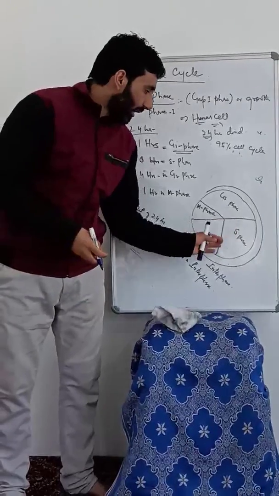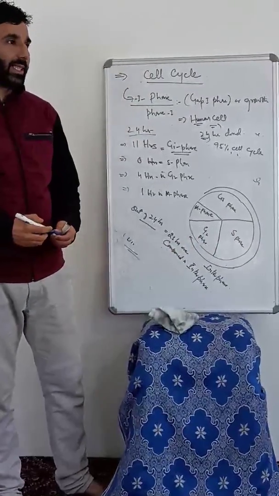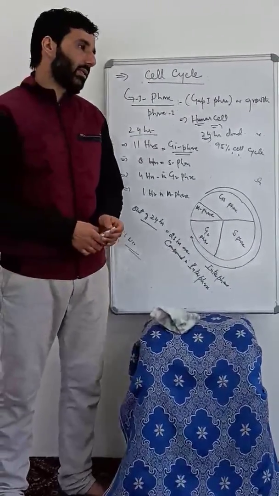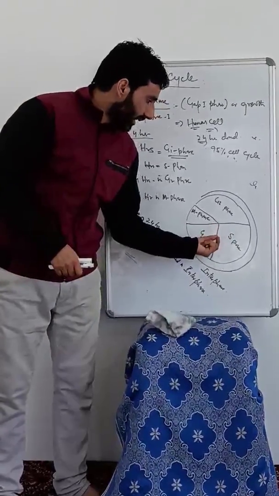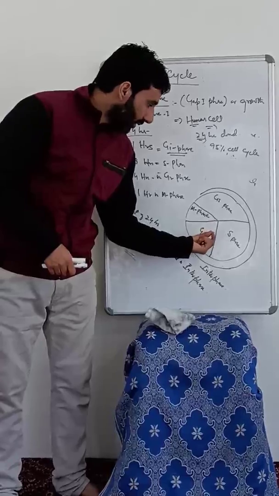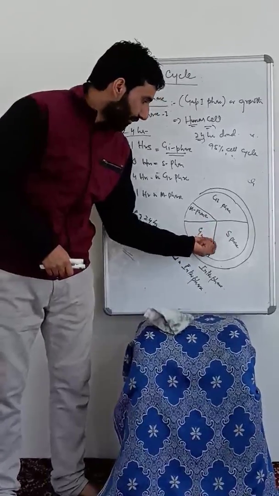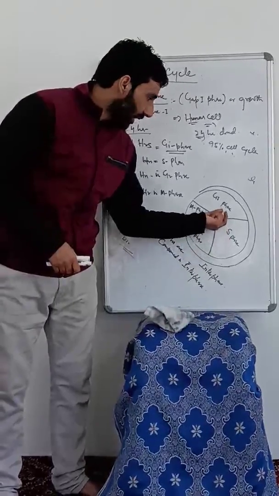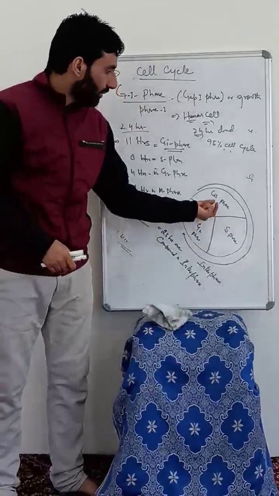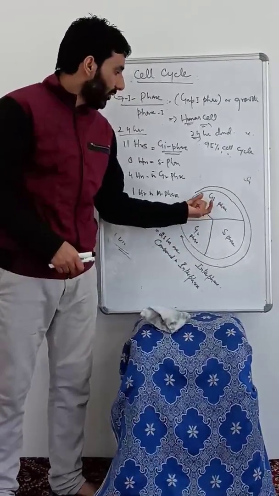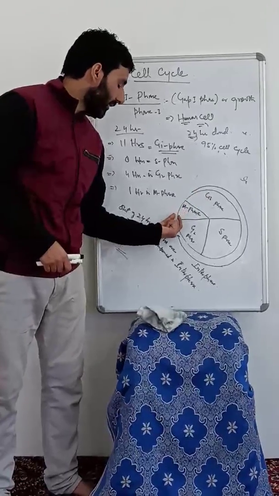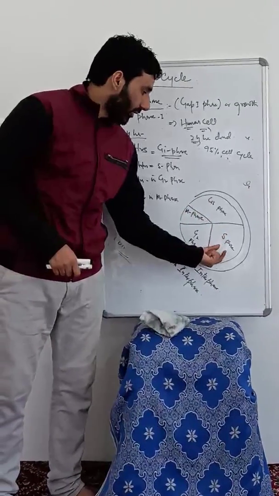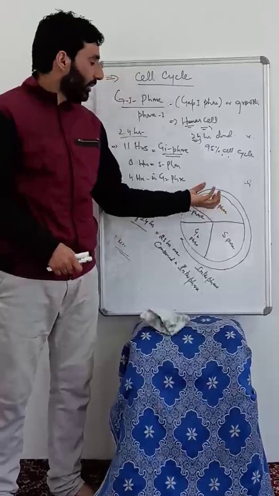It is possible for the cell to replicate its DNA in the S phase only when all the requisites required in the S phase have been made in the G1 phase. So it is the gap phase. It takes the gap from the previous mitosis to enter the next S phase, and it accumulates the nutrients.